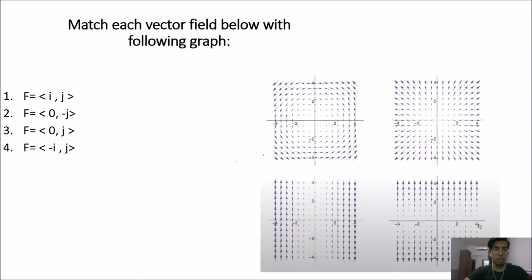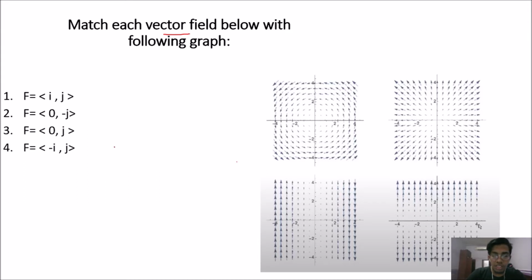Hi, my name is Muhammad Irsyad and I'm from Group 3, and today I will continue our example for the first one, that is vector field. For this question, how do we match the vector field with the graph given? This one is very simple.